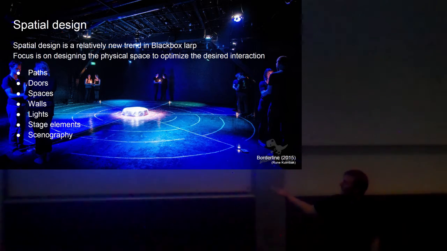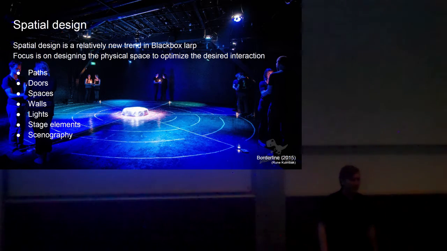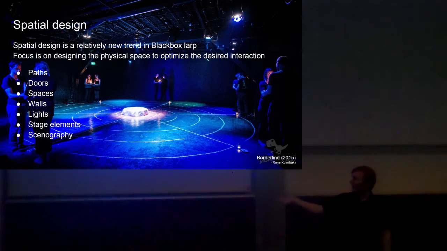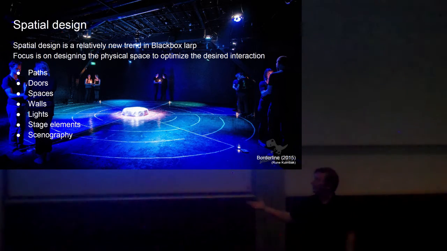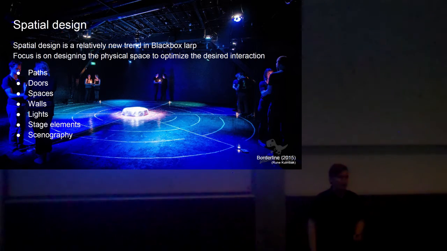Stage elements, quite common to use. Those are big platforms that you can assemble and put together and somehow make some kind of structure inside the room. And scenography in general, just like props and costumes, is typically rather limited.